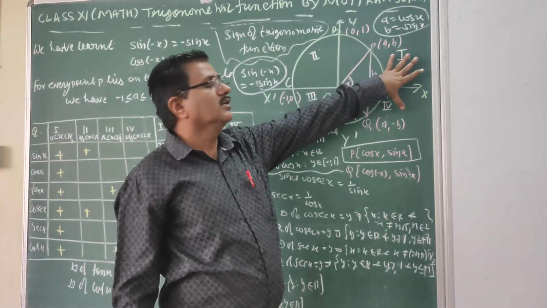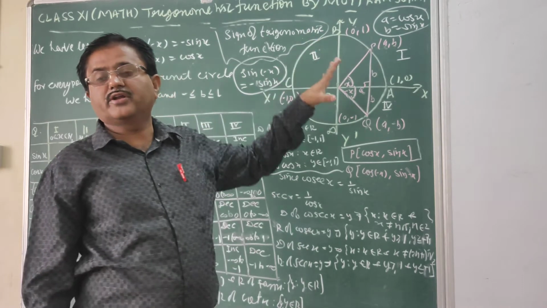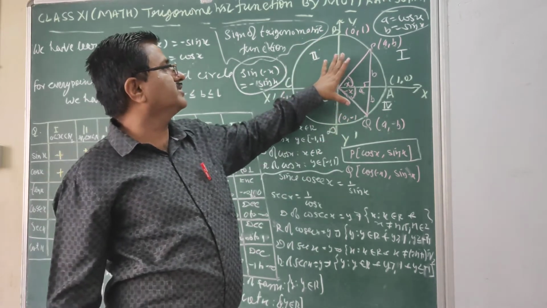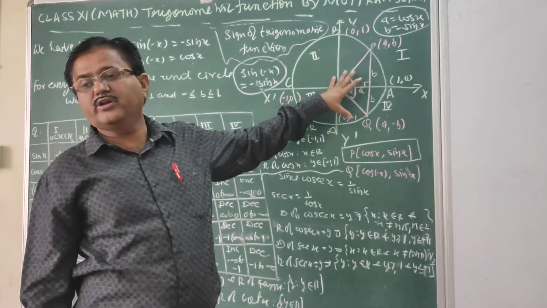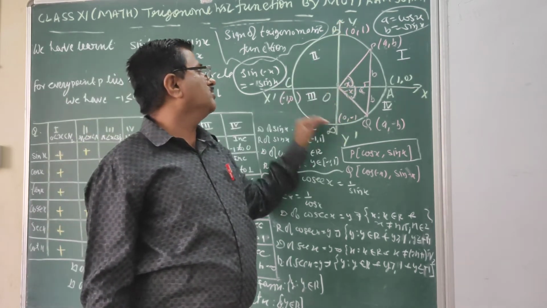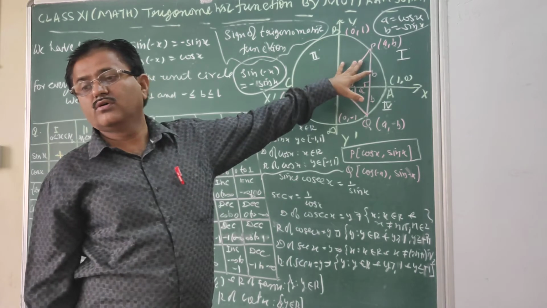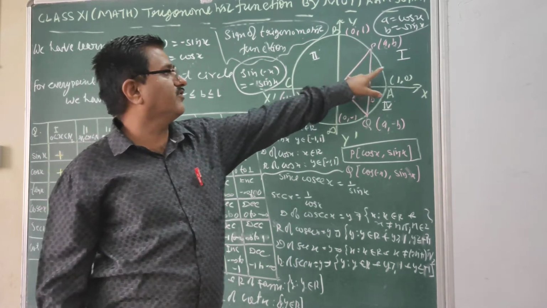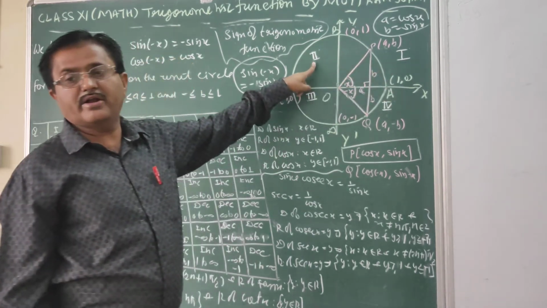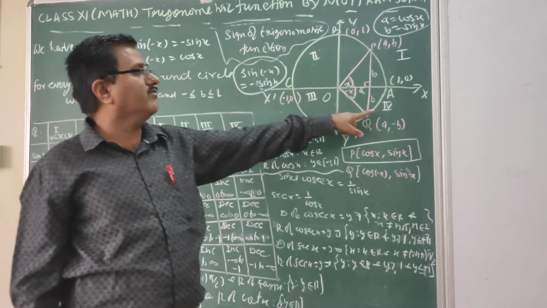So see, we already know trigonometry, where we are representing or studying with the help of coordinate geometry. We can divide this coordinate plane into four quadrants: first quadrant, second quadrant, third quadrant, and fourth.